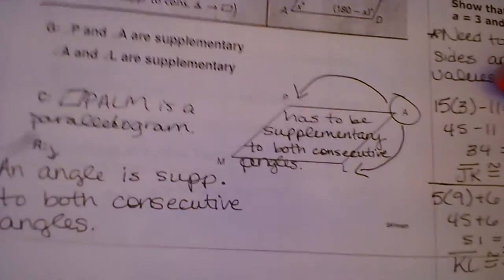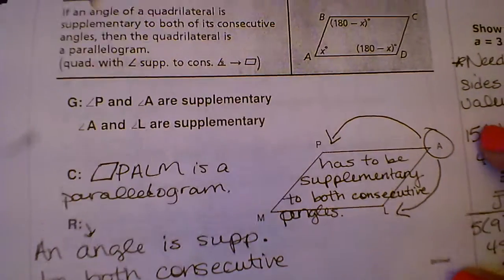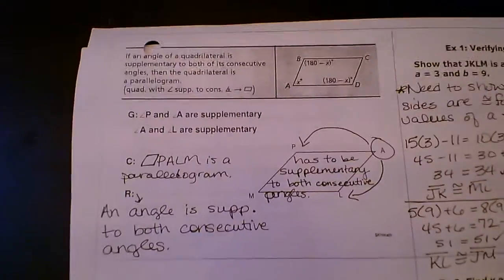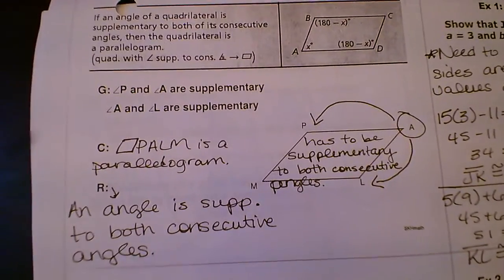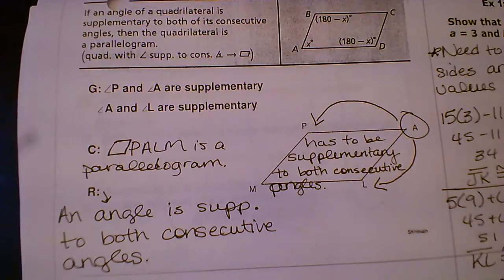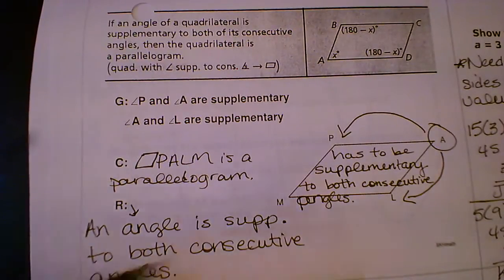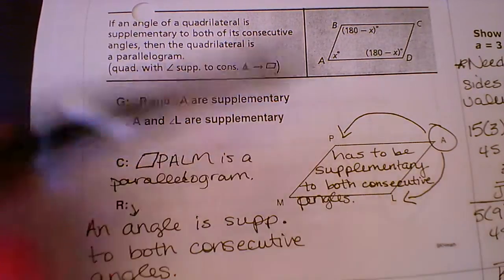Okay, that last property that we would prove would be the angles being supplementary, and that has to be the consecutive angles. Again, this is one where it has to be supplementary to both of its consecutive pairs.